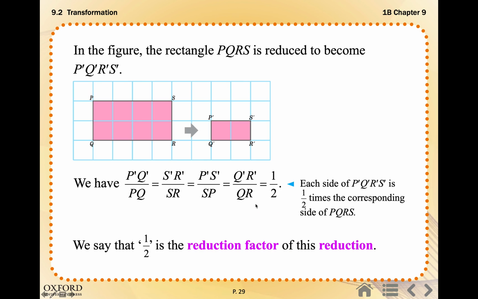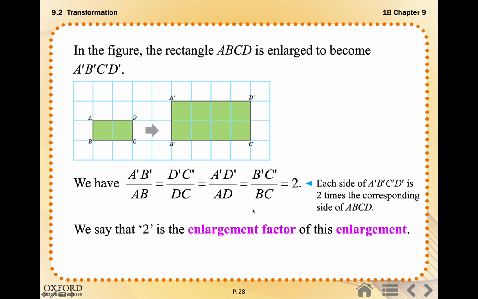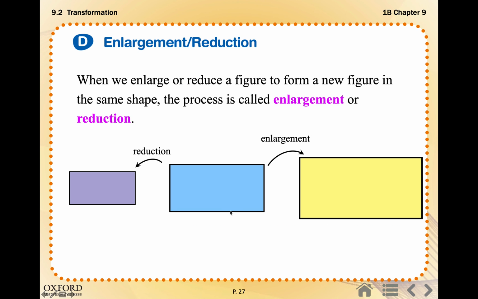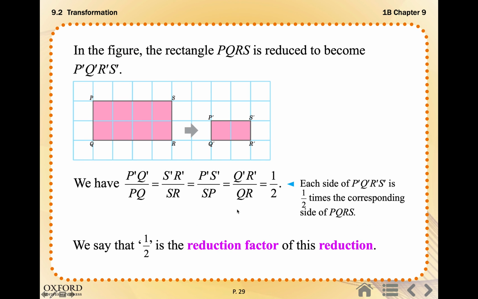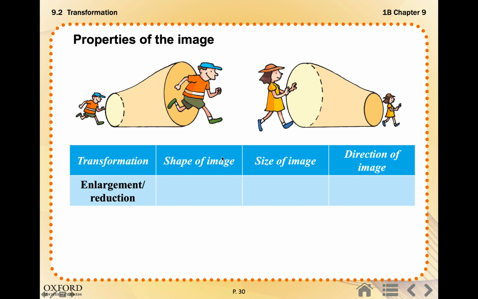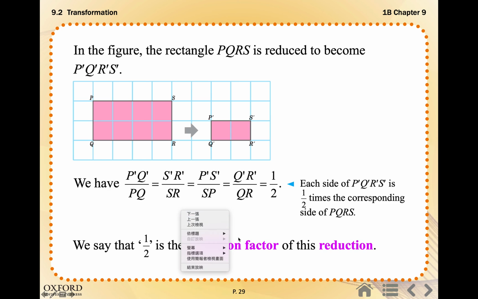And in the calculation of the reduction factor, actually, it is the same. Okay? In calculating the reduction factor, we also use the corresponding sides. And for the reduction, also we use the image length divided by the original one.